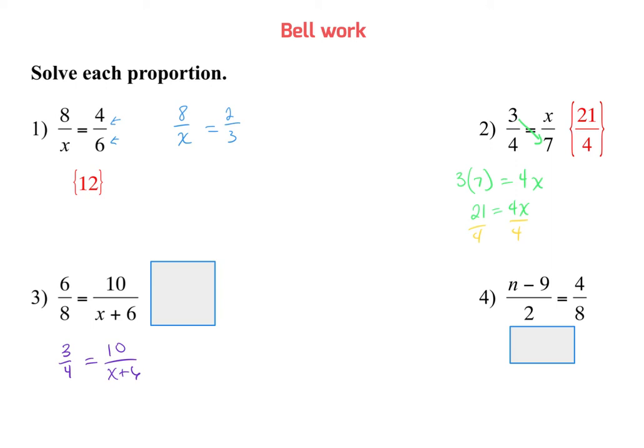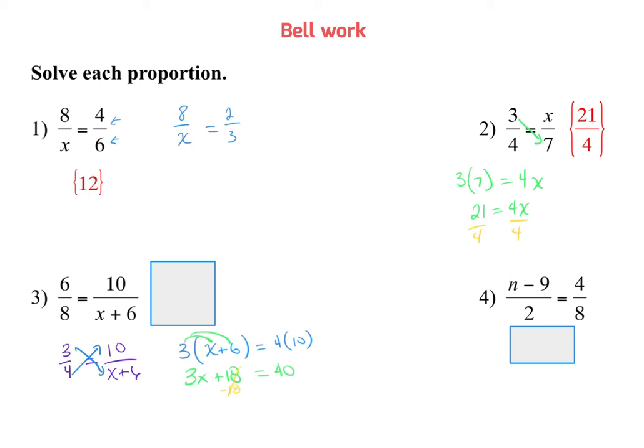So I can say 3 times this group, 4 times that. So 3, remember when it is a plus or minus, you do have to do your grouping symbol. 3 times x plus 6 equals 4 times 10. You do have to distribute. 3x plus 18 equals 40.